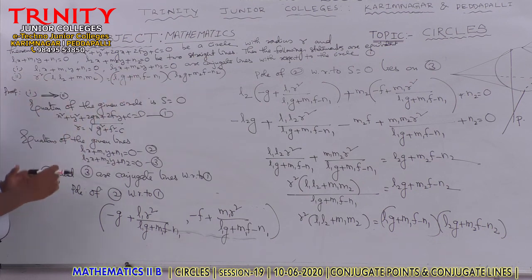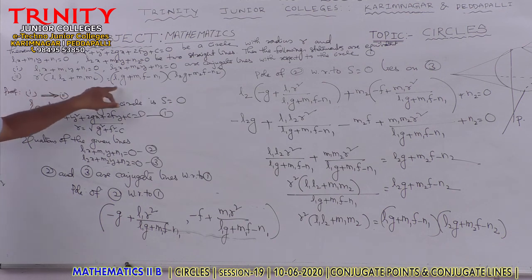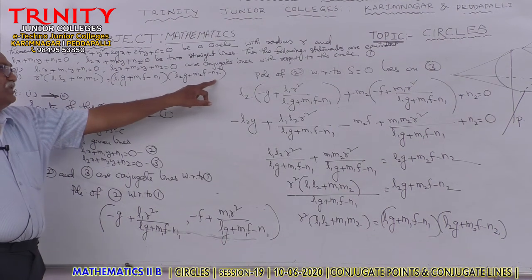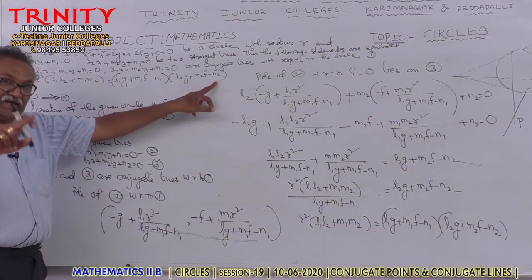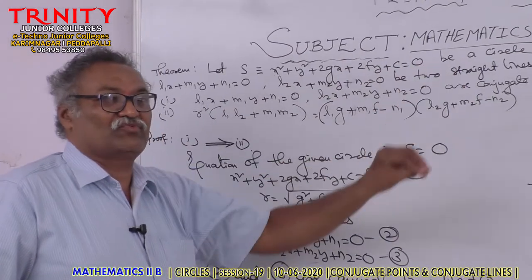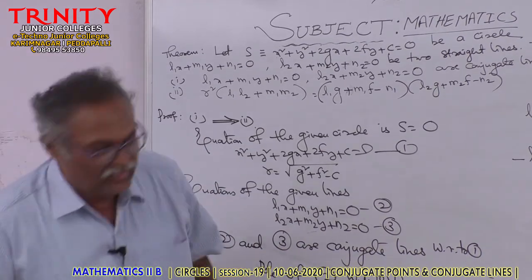Now the second part: with the help of this one, we have to prove the converse. That is, if they satisfy R square into L1 L2 plus M1 M2 equals L1g plus M1f minus N1 into L2g plus M2f minus N2, then these two lines are conjugate lines. We have to prove that part.